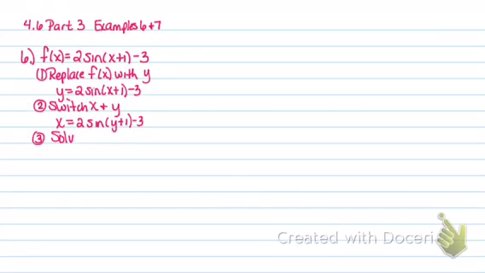I'm going to do that on the top of the next line. So step 3, we're going to solve for y. In step 2, we said x equals 2 sine of (y + 1) minus 3. So y is trapped inside that parenthesis with the plus 1 that's got the sine as part of it.